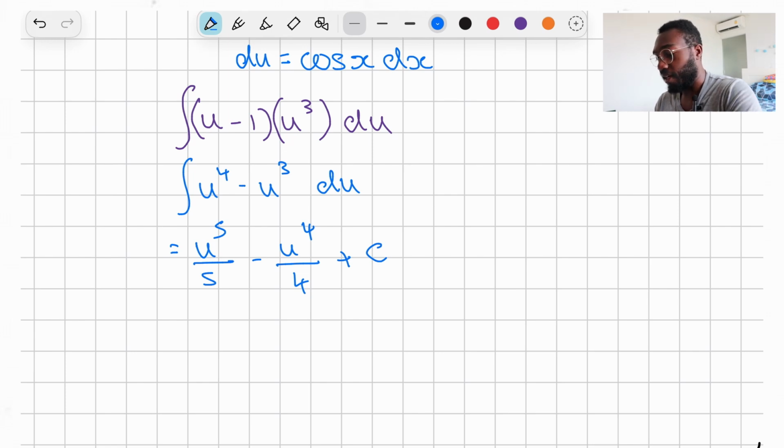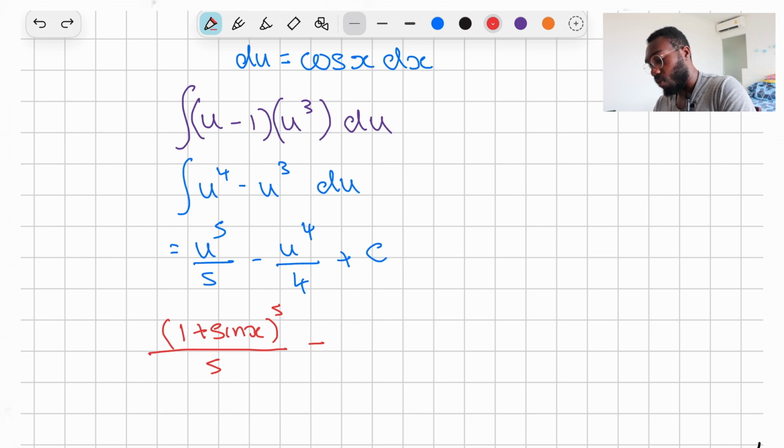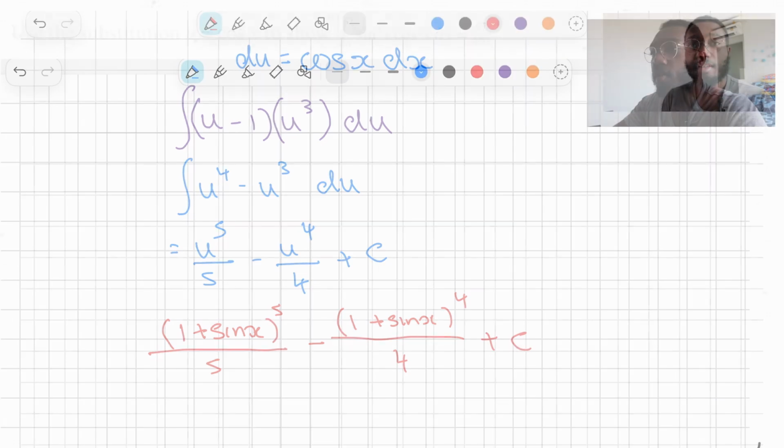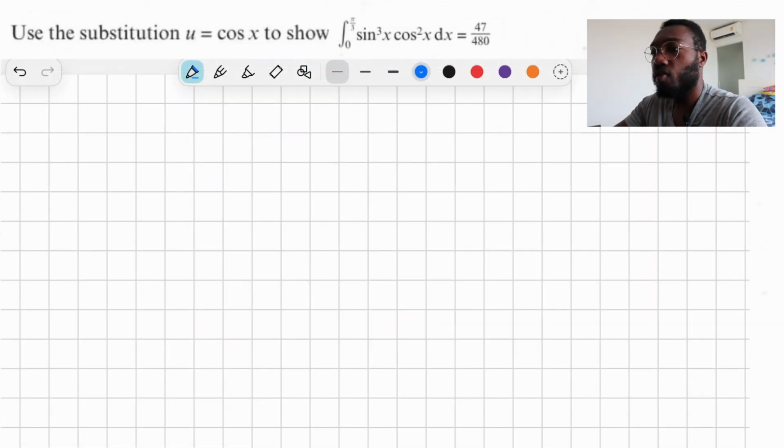If you put that back in, you get 1 plus sine x to the power 5 over 5 minus 1 plus sine x to the 4 over 4 plus c.